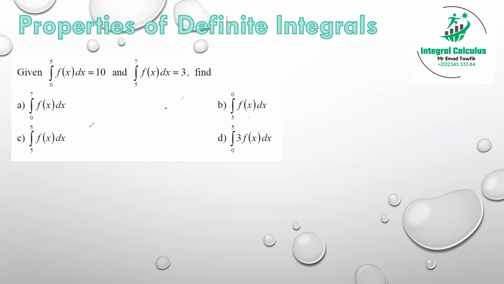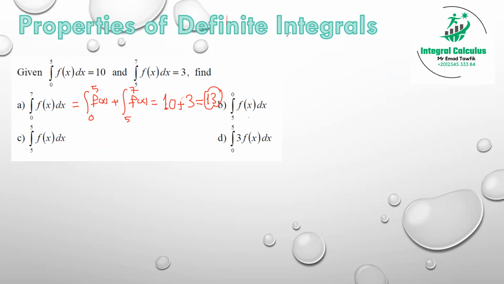I ask you to find the integration from 0 to 7. The integration from 0 to 7 is the integration from 0 to 5 plus the integration from 5 to 7, for the same function f of x. The integration from 0 to 5 is given as 10, plus the integration from 5 to 7, which is 3. So 10 plus 3 is 13.